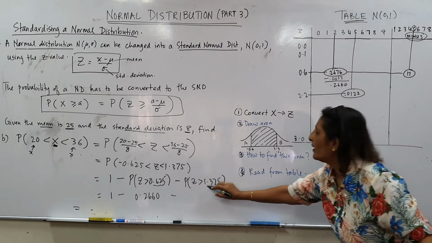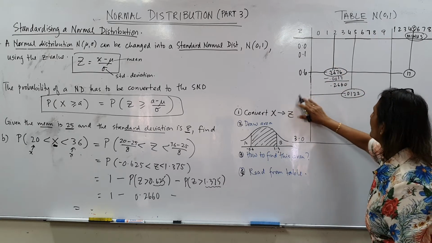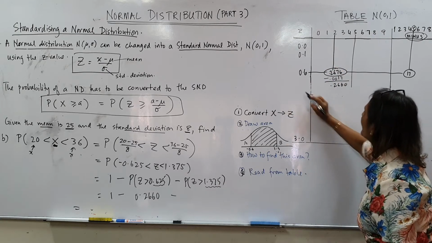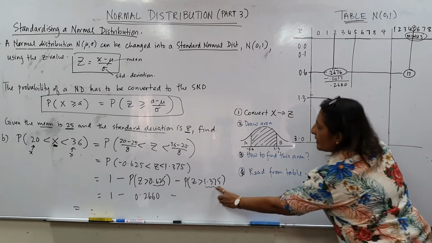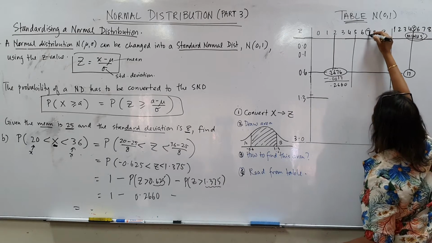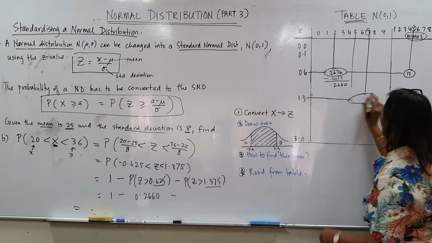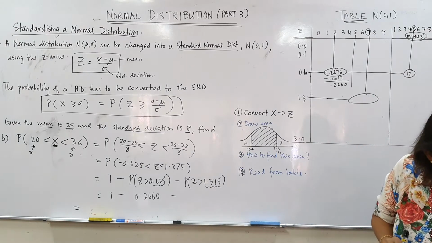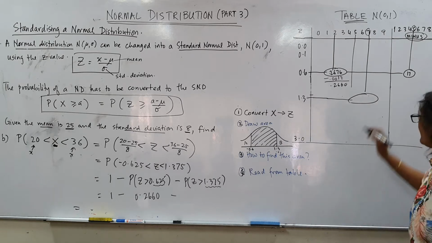Look for 1.375. So look here, search for, right? Let's say 1.3 is here. You go down 7. So here's 7. So we go down here, this row. Okay, let's see what's the value here. 1.37 will be 0.0853.